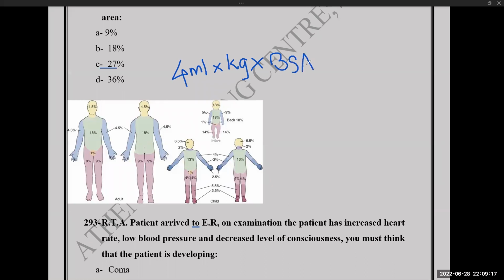So you will get one sum. Whatever the sum would be, make half of the sum. The first half needs to be finished within 8 hours, and the second half within 16 hours. That is how you need to calculate the fluid. Okay. Next question.